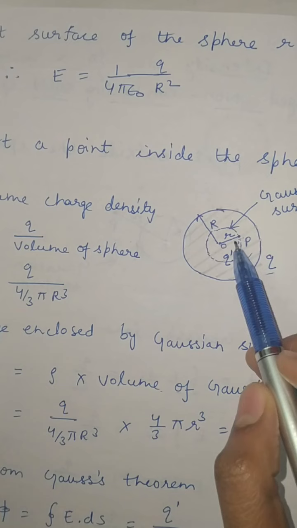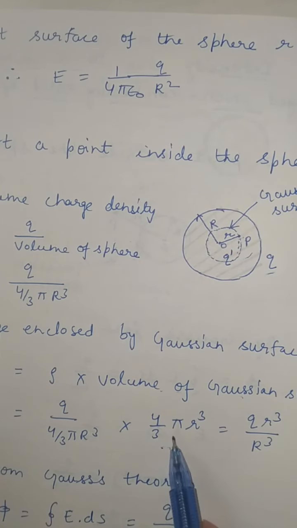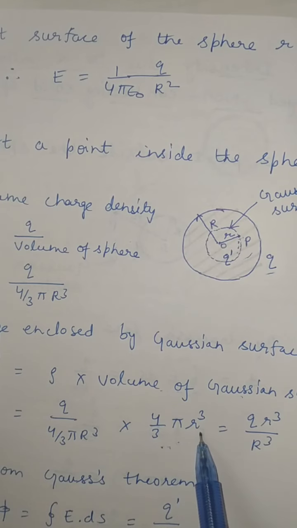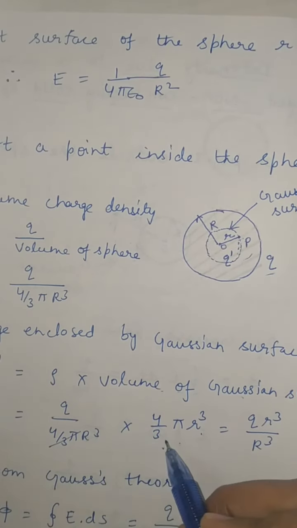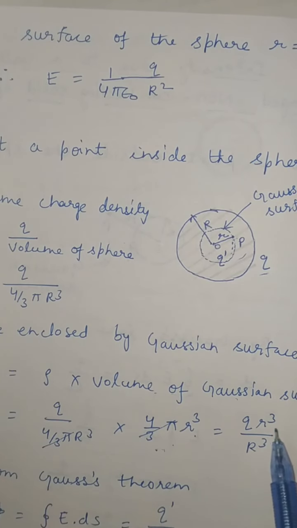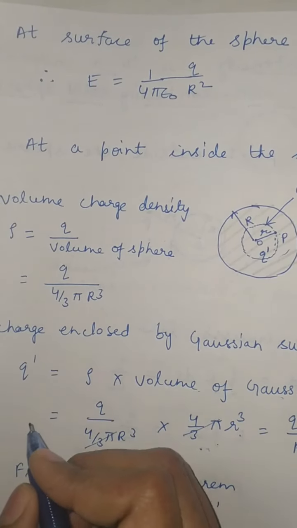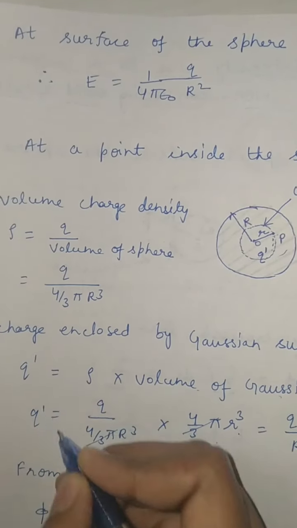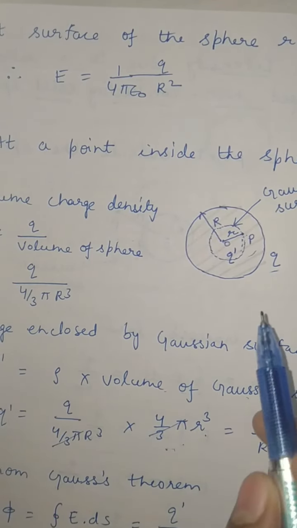The radius of the Gaussian surface is small r, so its volume will be 4/3 pi r cube. We will solve it. 4/3 pi will be cancelled out, so we will get Q r cube upon capital R cube. This is the value of Q dash, the charge enclosed by this Gaussian surface.